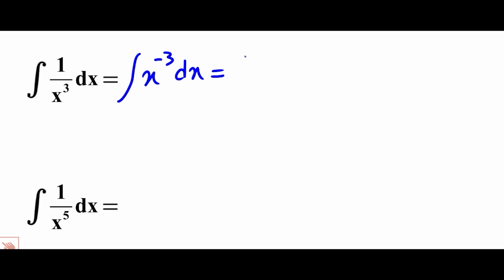So we have 1 over negative 3 plus 1 x to the negative 3 plus 1 plus c. And don't forget the plus c, right?